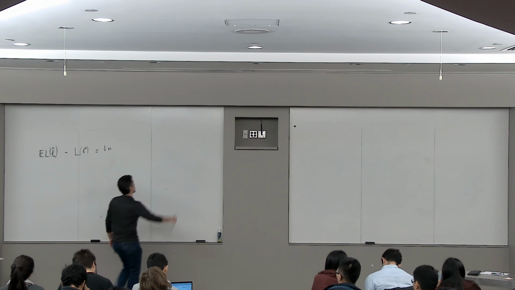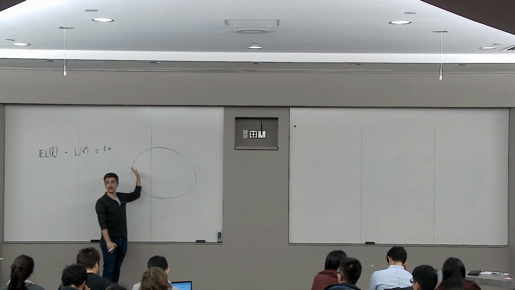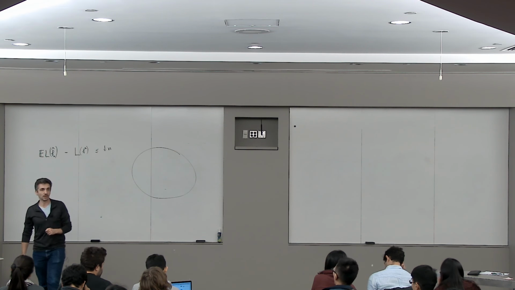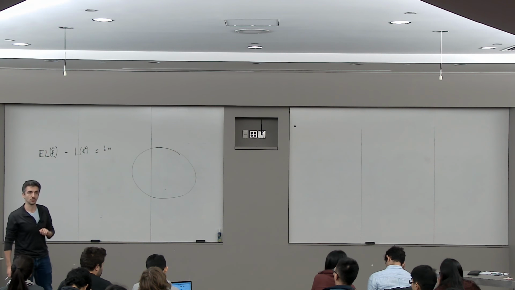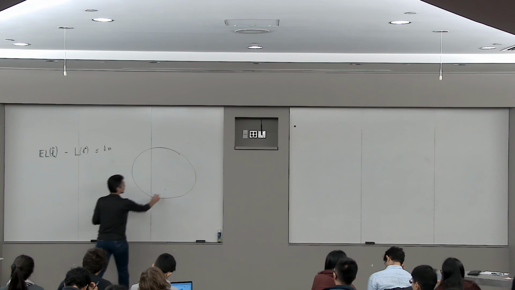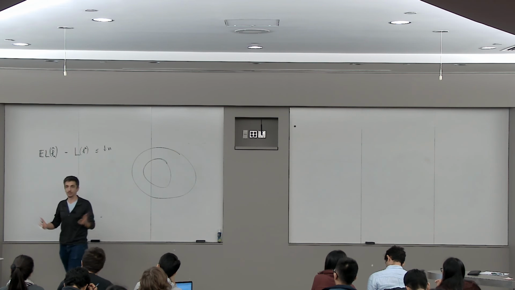So let's say this is the space of all distributions on the data, and you cannot say that your algorithm, such as a deep neural network, will work for any distribution here.